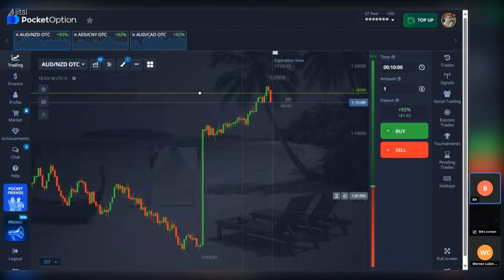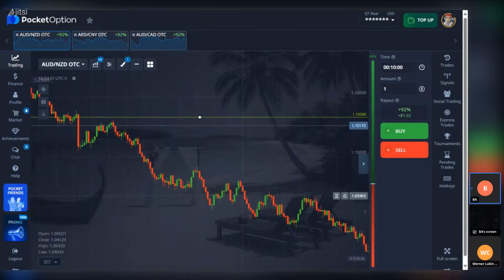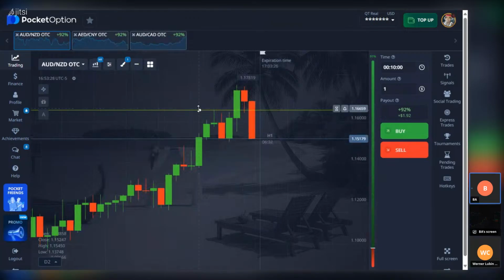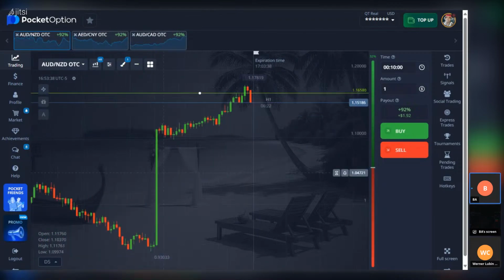It's a form of liquidity, and price is in a premium. I want to see some high being taken out, some form of liquidity. So this is my 4 hour high right here. Once price has spiked up, price is in a premium right now.